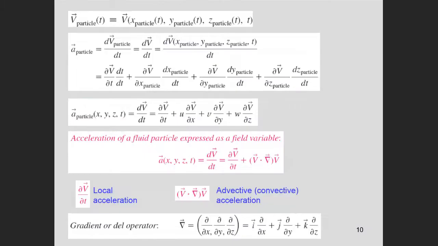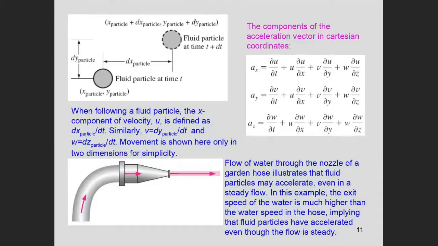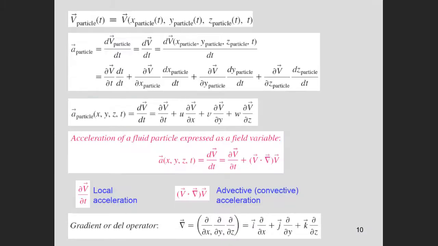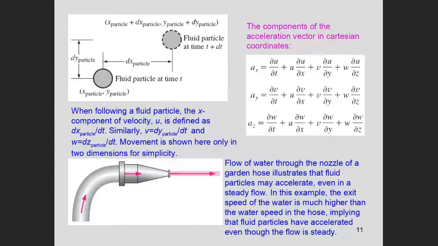For example, this one here, u del v by del x. This u, this v is a function of x, y, z, and t. Right? Yes. If you expand it, you will get this expression, gentlemen.